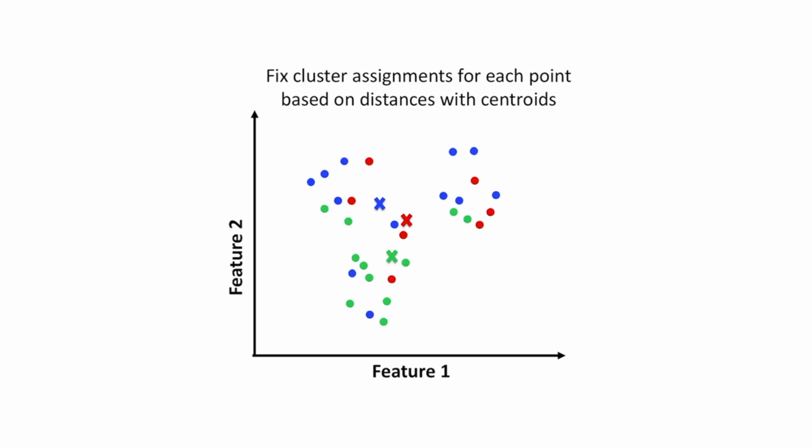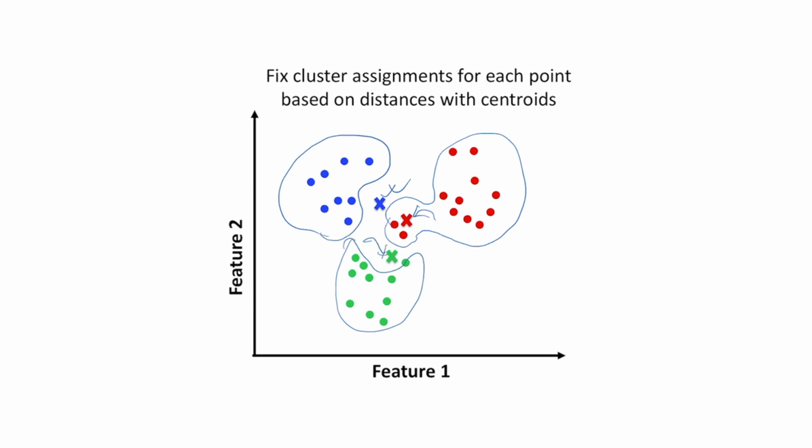Similarly, we will check the assignment of every point and we'll see which centroid it belongs to. After a reassignment of all the points, we find that these points are closer to this centroid and these points are closer to this centroid and these points are closer to this centroid.